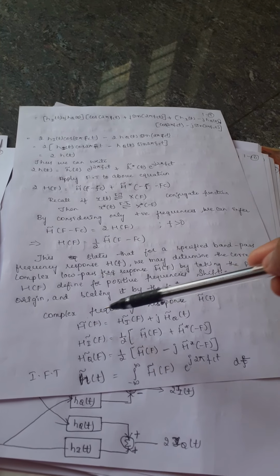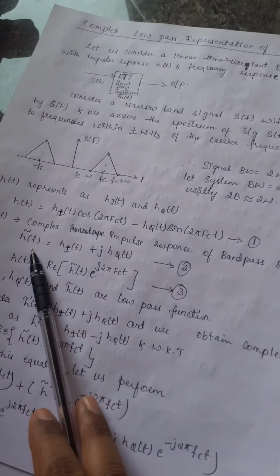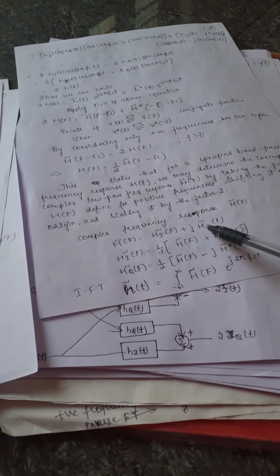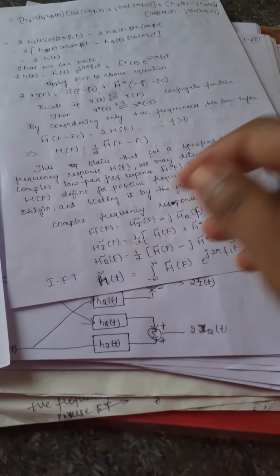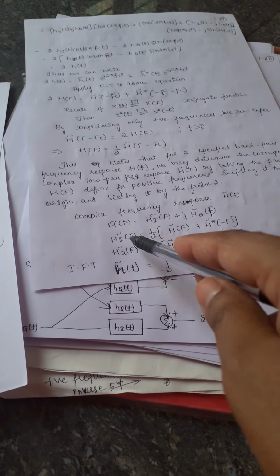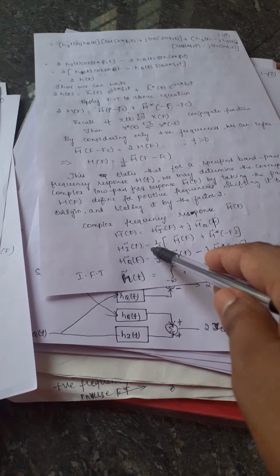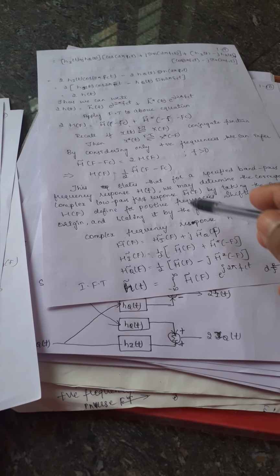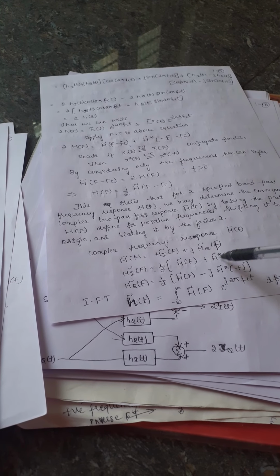Because this is a time domain signal, we can write it in the frequency domain: h tilde of f is equal to hI of f plus j hQ of f. For hI of f, it can be written directly as 1 by 2 h tilde of f plus h tilde conjugate of minus f.